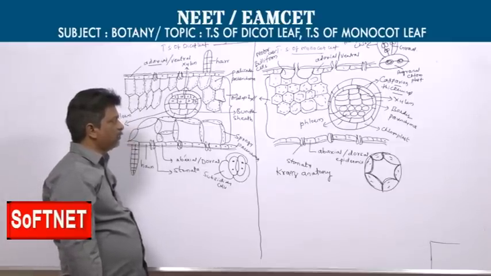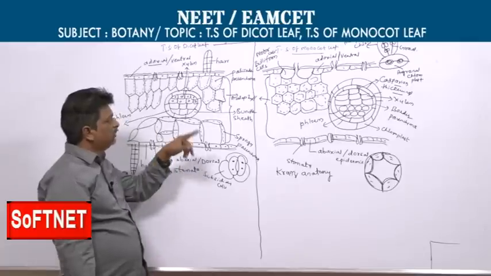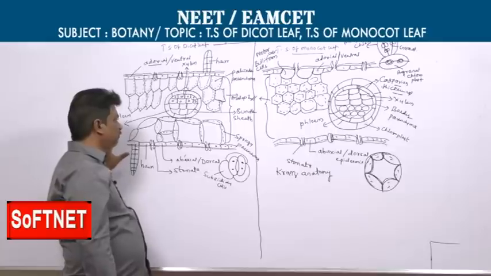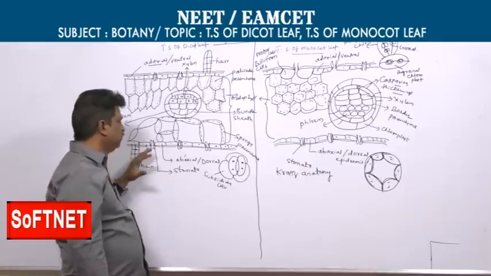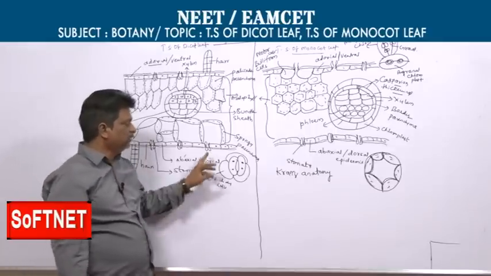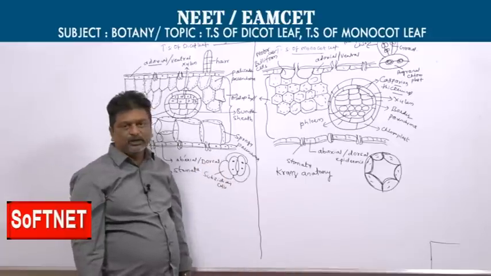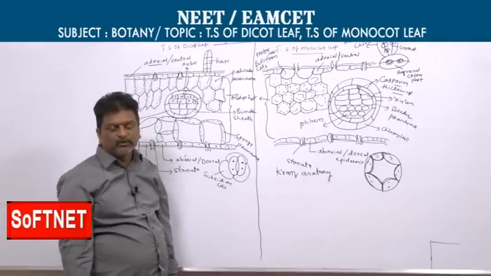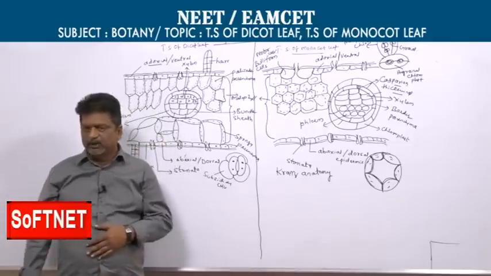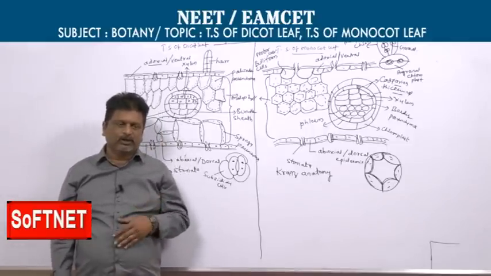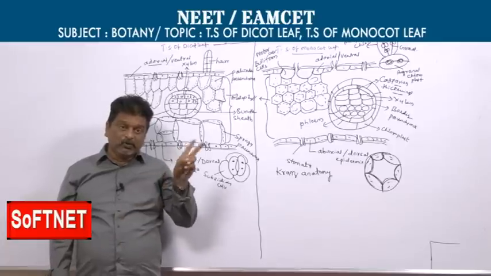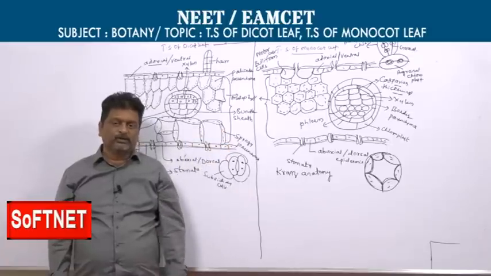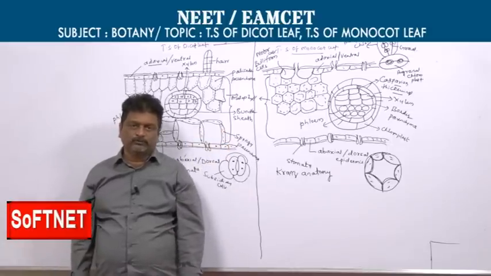Then in most cases epidermis is unilayered, but in some dicots like Nerium, epidermis is multilayered. If the question is multiple leaf epidermis, it is Nerium, a dicot leaf. Multiple root epidermis is velamen tissue in epiphytes.